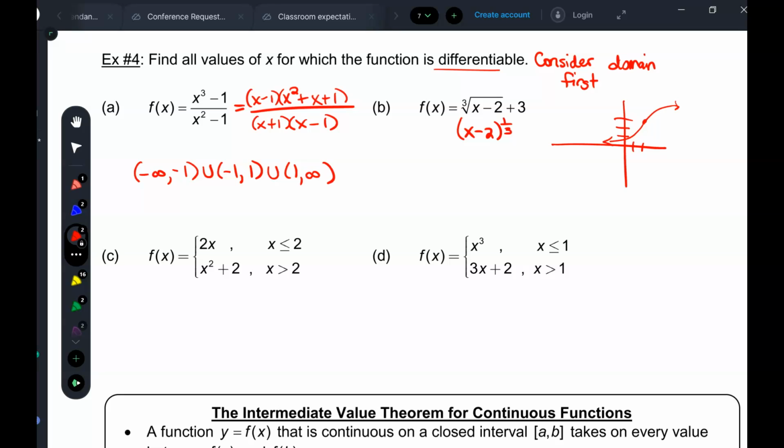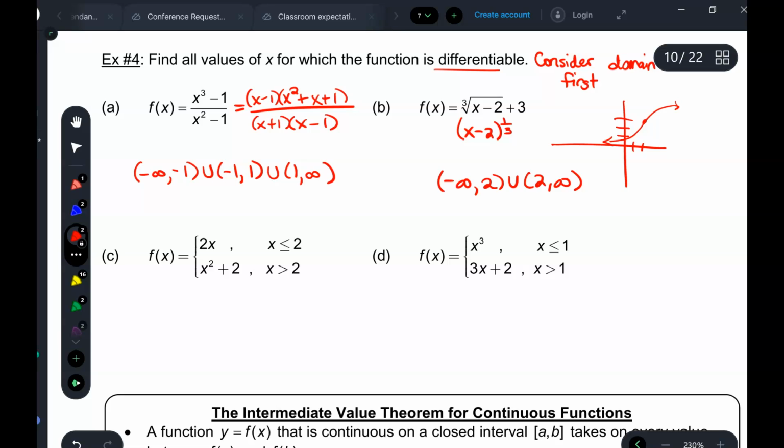So it's going to be differentiable everywhere except for 2. You see where we're going with this? So we're checking domain first, then we're looking for one of those: corner, cusp, or vertical tangent. And if that occurs at a location on the domain, we're going to exclude it from our intervals for differentiability.